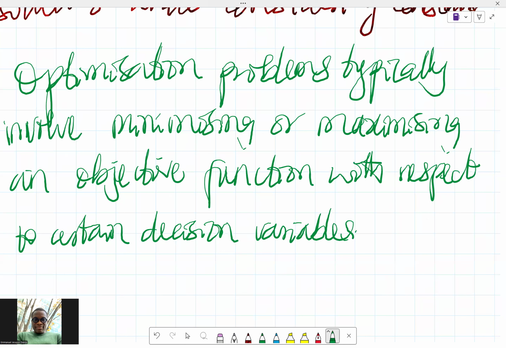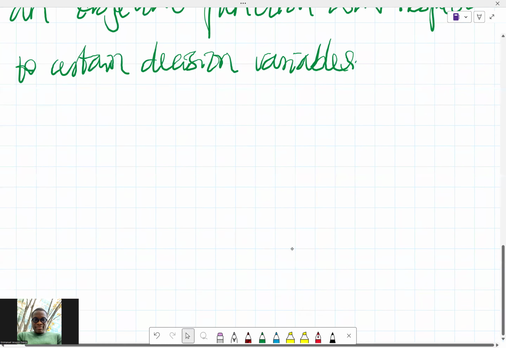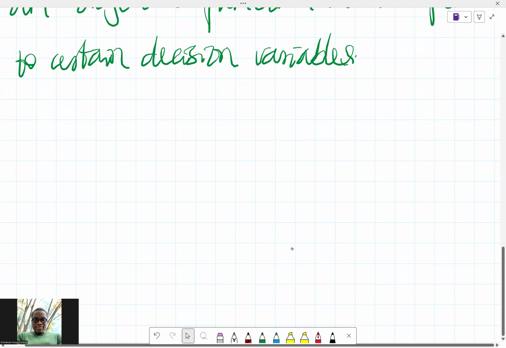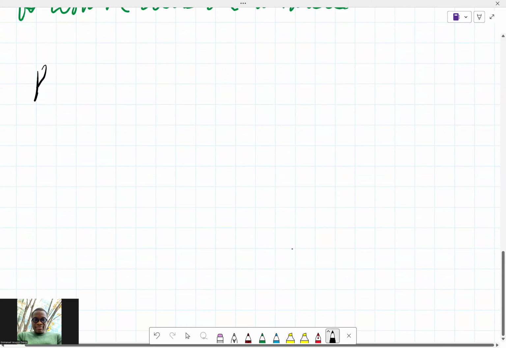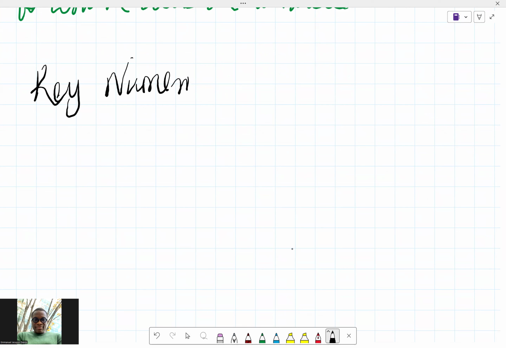Okay, so having said this, let's look at some key techniques. So numerical optimization techniques can be categorized into some key aspects, which we are going to see one after the other. So we talk about key numerical optimization techniques.